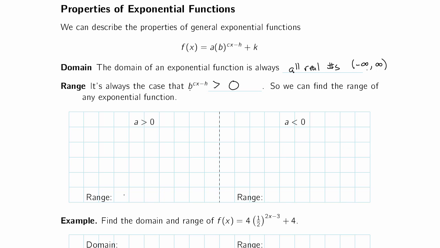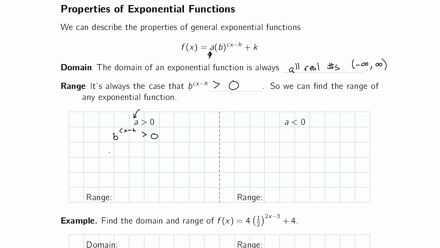What does that tell us then about the range of general exponential functions? Well, if our coefficient a is a positive number, and that includes 1, so that includes the case where there's no coefficient, well, our b to the cx minus h is always positive.